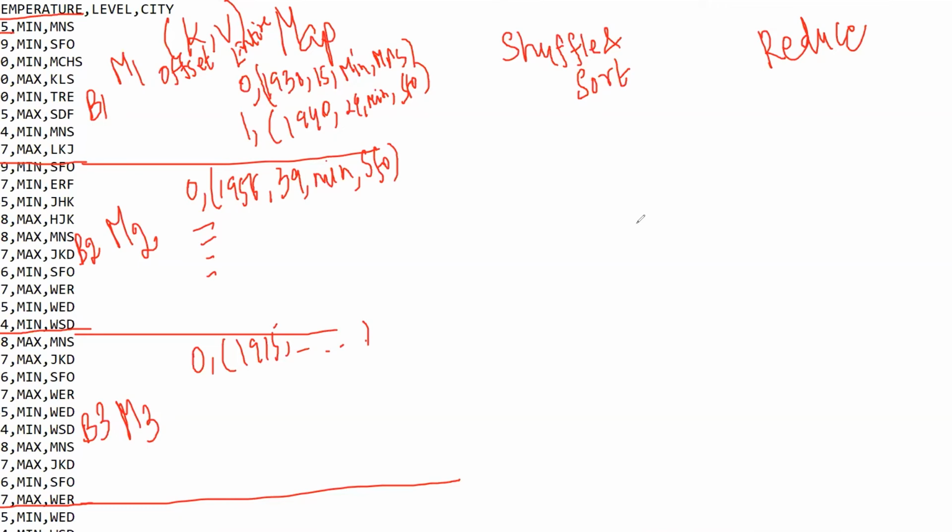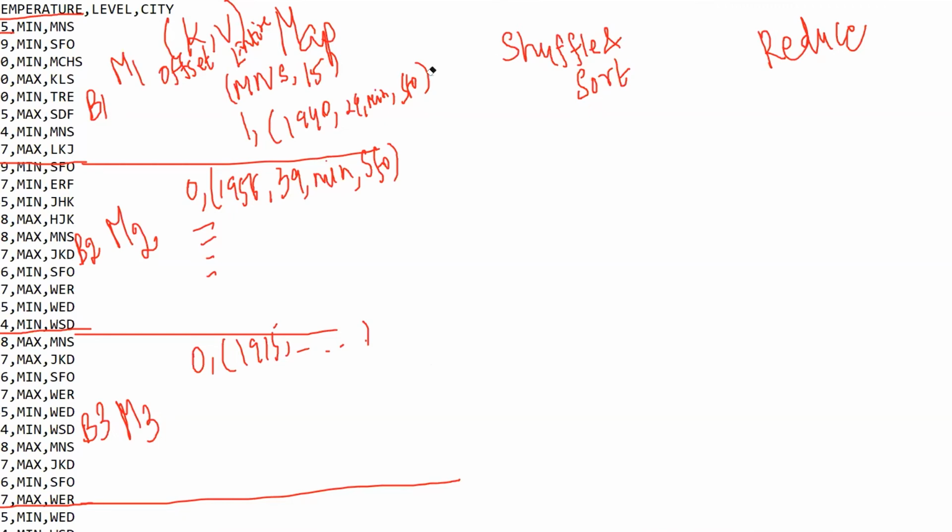Within these two, I need to identify what will be the key and value with respect to my use case. So I will convert the first record into a key-value pair like MNS, which is my city, and 50. This is going to be my key and value.